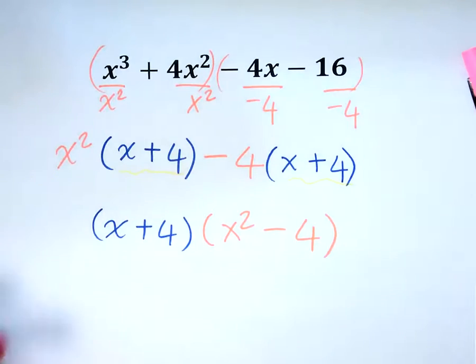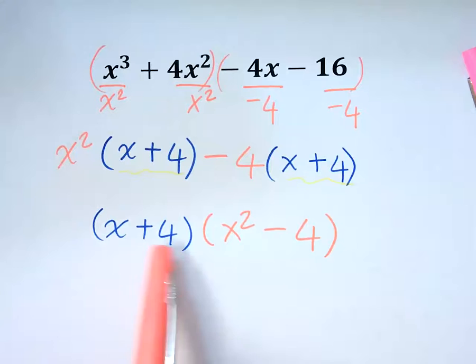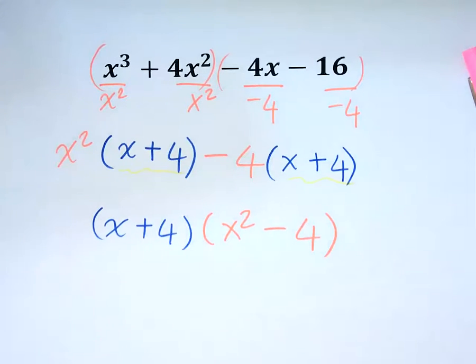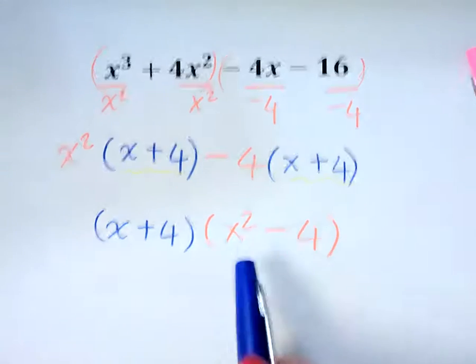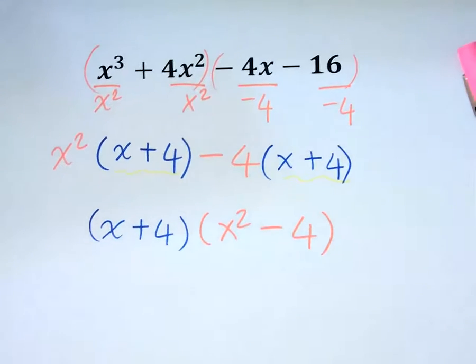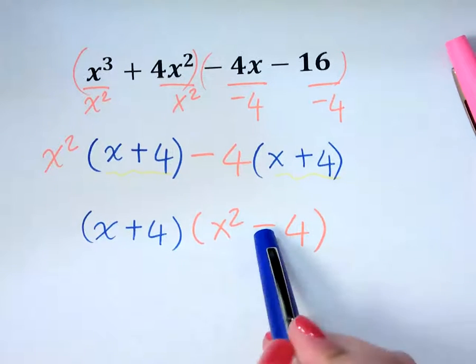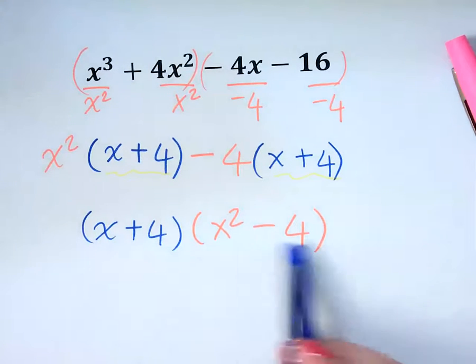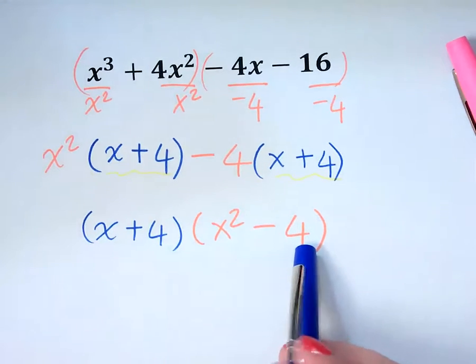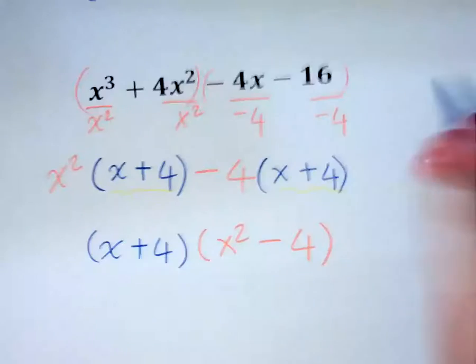And then don't forget this last step right here, okay? You have to check every factor and see if you can factor once more or that's the end of it. X plus 4, well, there's nothing repeating or in common. X squared minus 4. Because there's a subtraction between them, and this is a square, this one also a perfect square, isn't it?